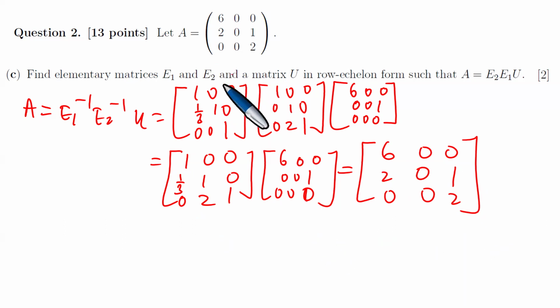It's exactly the matrix A. Which means, therefore, this is correct. And therefore, we have found the elementary matrices.